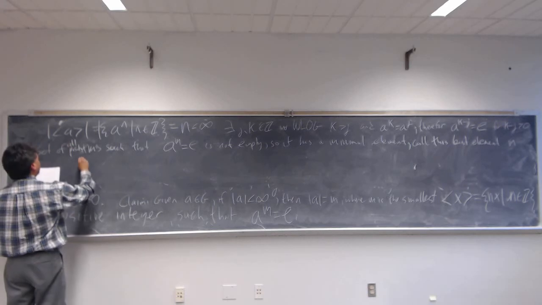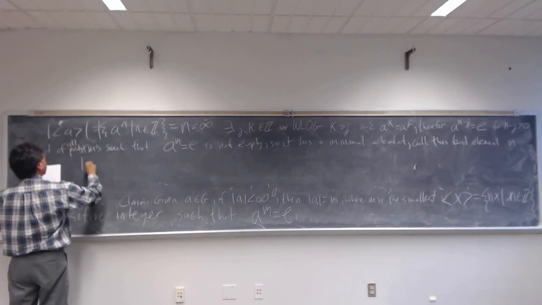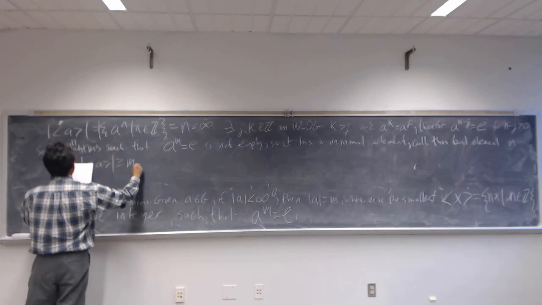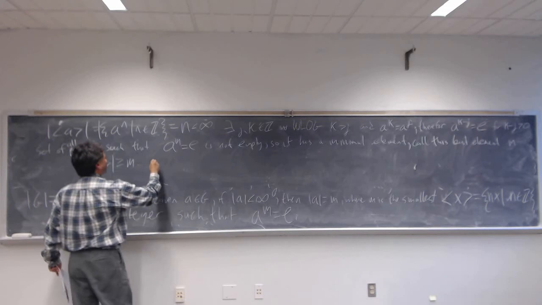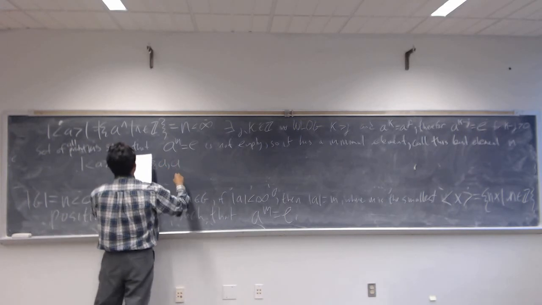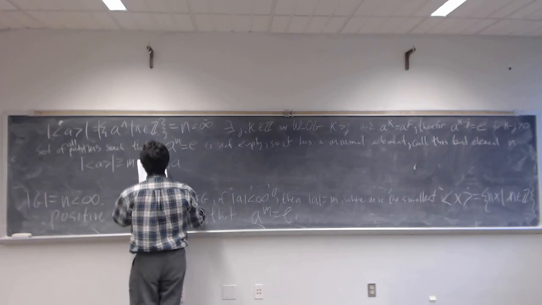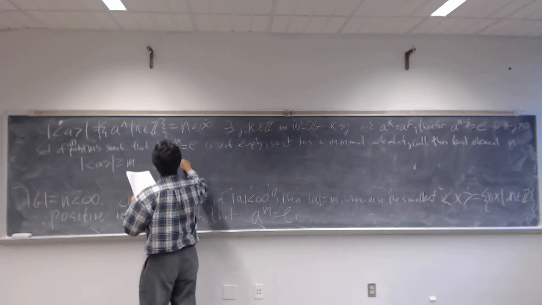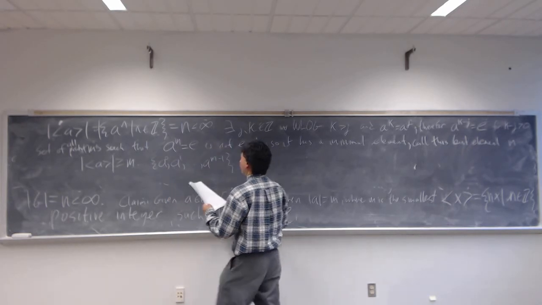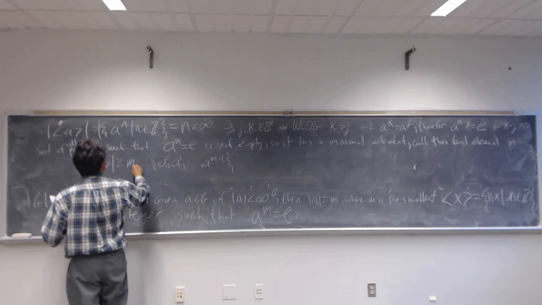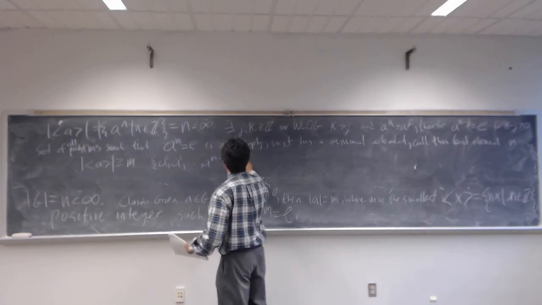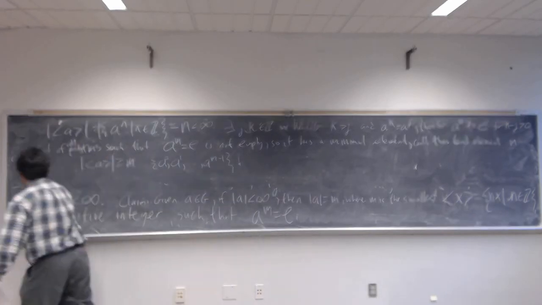So what do we have? First let's show that the order of this cyclic subgroup is at least m. Well, certainly this cyclic subgroup contains a to the 0, which is the identity, a to the 1, up to a to the m minus 1, and I claim the elements of this set are all different.